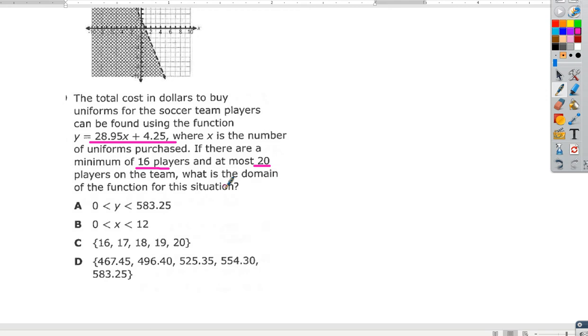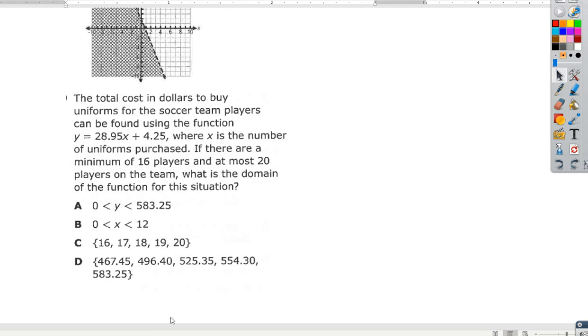They're pretty much telling you the amount of uniforms that they can buy. And I'm gonna let you think about this one because it's actually not too difficult. I don't want to give you too many hints and then just let you be on your own. Domain is x. Think about what x means here. And it's telling you right here. X is the number of uniforms purchased.